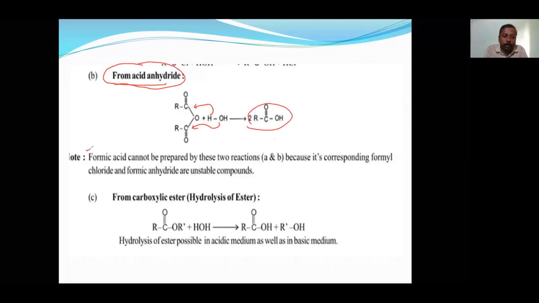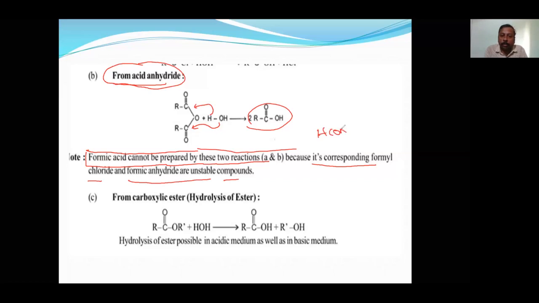And very important note, formic acid cannot be prepared by these two reactions, because the corresponding formyl chloride and formic anhydride are unstable products. So first of all, what it should form? HCO NH2 it should form. Then it should form HCOOH.